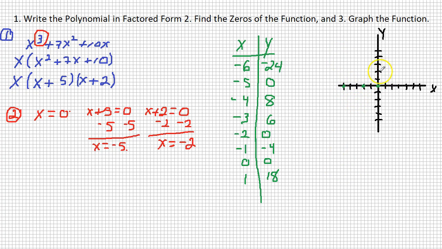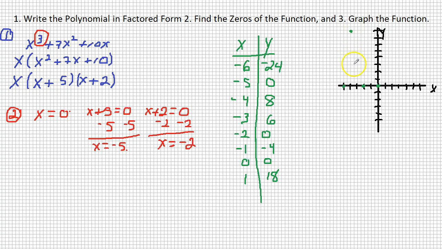So let's 1, 2, 3, 4, 5. Let me put some more marks on here. 6, 7, up a little more, 8. Alrighty. So at -4, we are way up here. And that's about the point where it actually curves too.